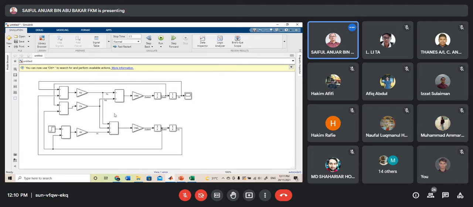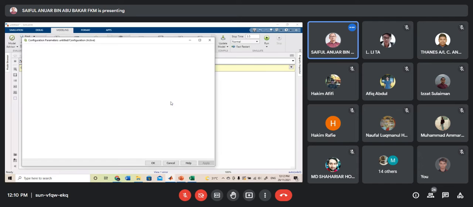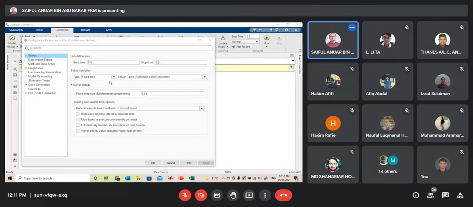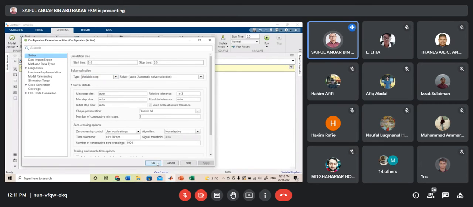In this case, KT. Saya pakai variable tengok. Ada error tak?